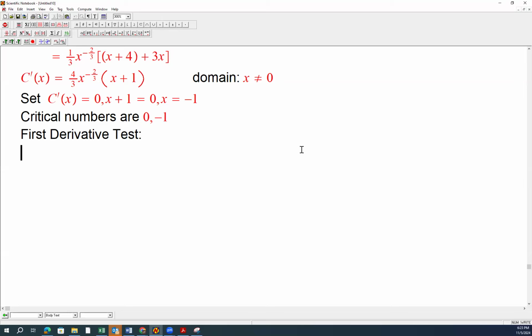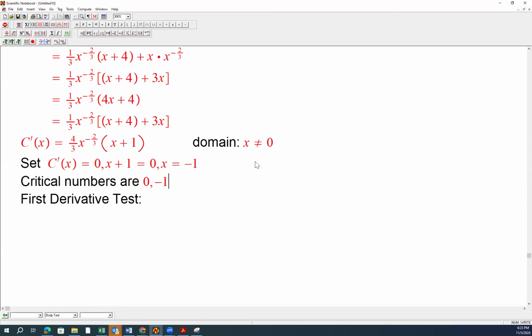First derivative test. So we have two critical numbers, and we're going to have to figure out the sign of the derivative. This is pretty straightforward. However, we are taking cubic roots, so we're going to rewrite this in a more familiar form. This is a positive 2/3 in the denominator, and if you like, we can write it in root form.